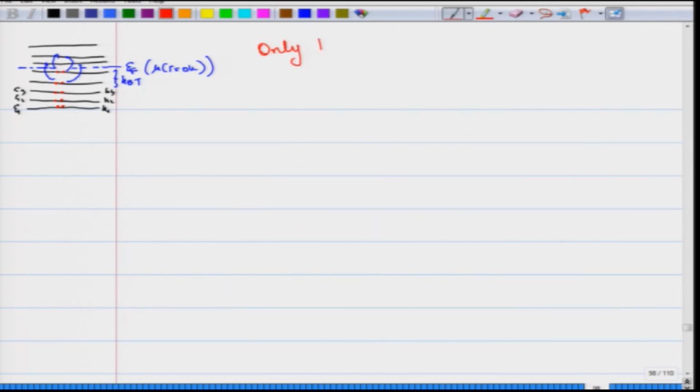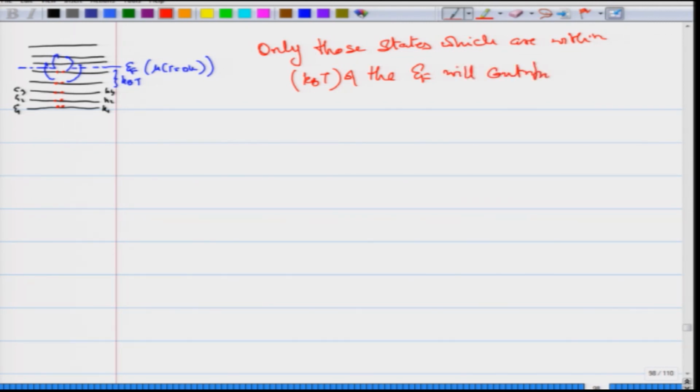Only those states which are within kBT of the Fermi energy will contribute to the specific heat of the electron gas.